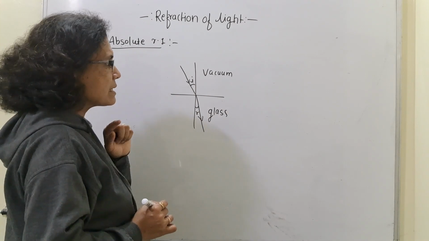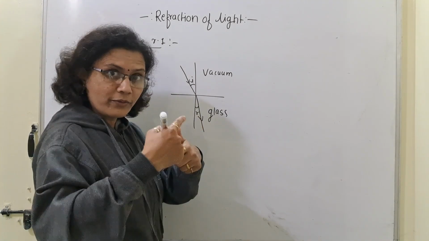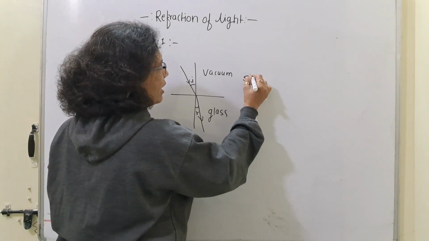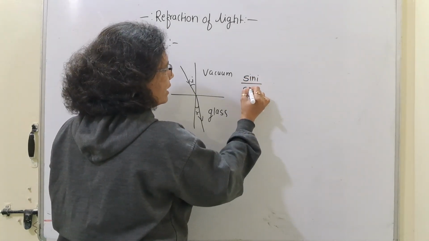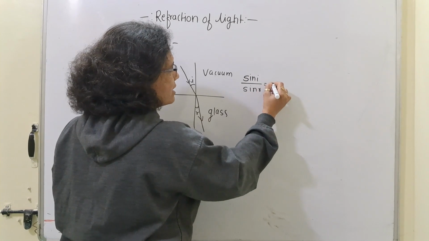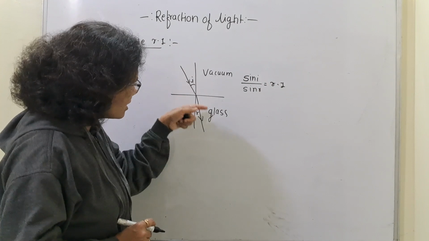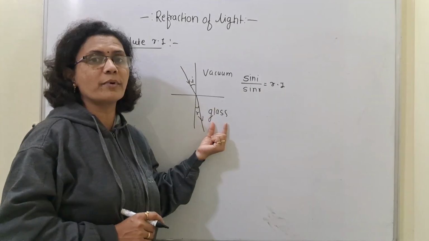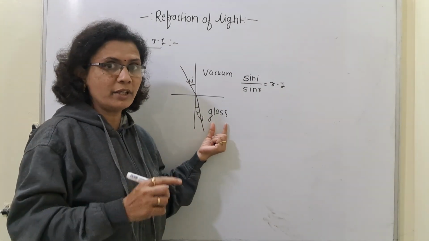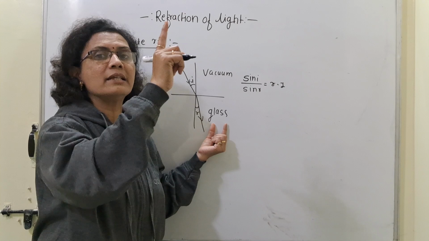Correct? Then what is Snell's law? That is the second law of refraction. It is sin I upon sin R. It is called the refractive index. Now in this case it will be the refractive index of glass, the medium in which the light is going to enter.